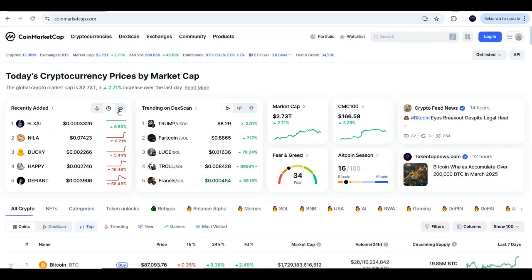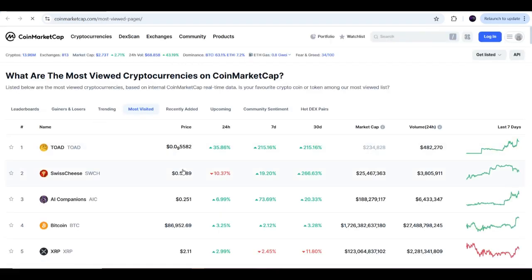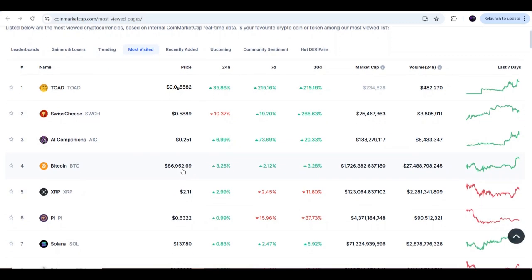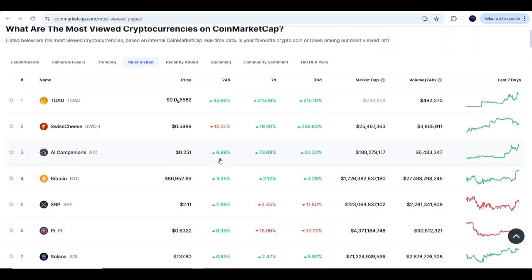Okay, and now the next one is this eye icon. You're gonna click on it. It's most visited. It shows you all the coins in the market that got the most visits on CoinMarketCap. You can also sort them by price, 24 hours, 7 days, 30 days, and market cap. You can check them out, and if they look good, you can create a watch list from them.